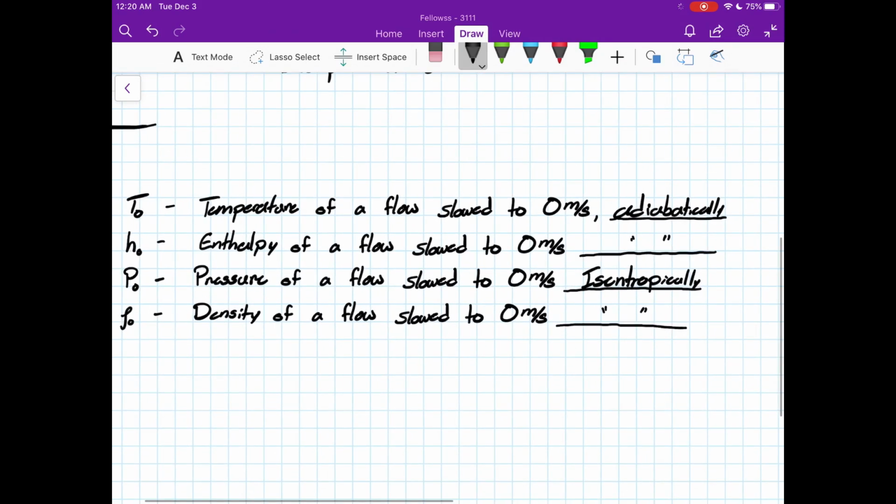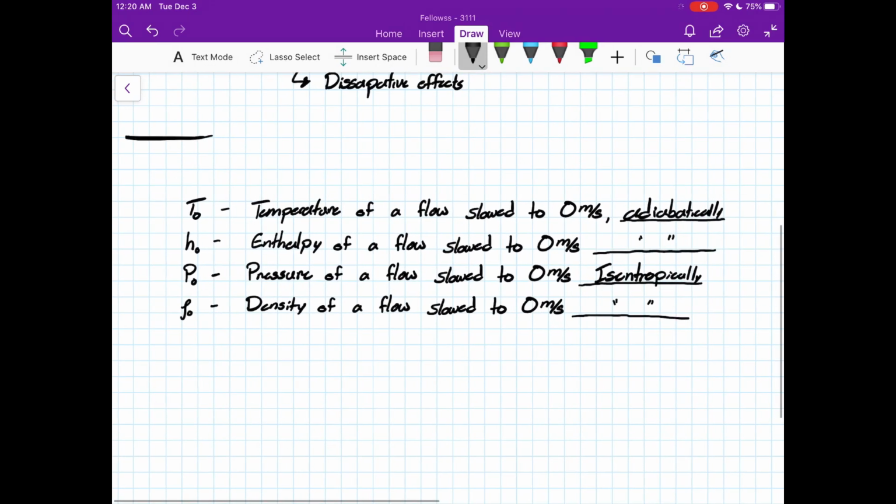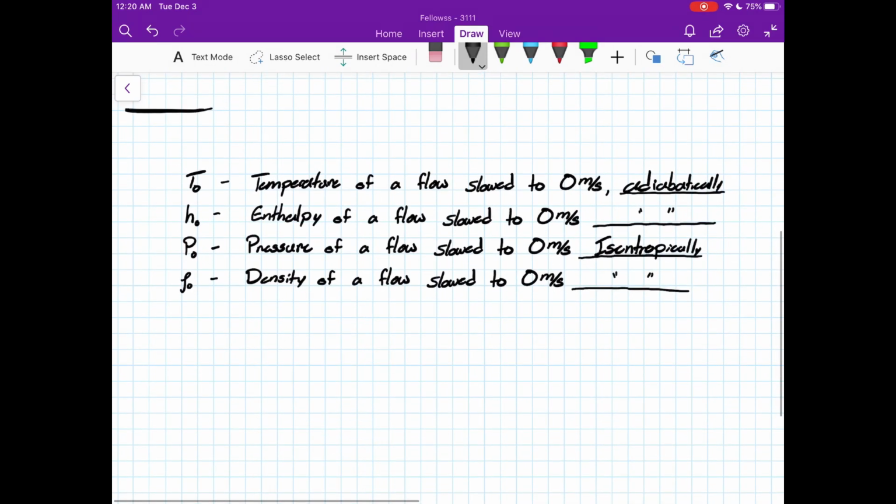Right? So adiabatically, for us, means there is no heat transfer. There's no change due to adding heat or losing heat in the system, right? And for us, that generally means no friction, no viscous effects, right?